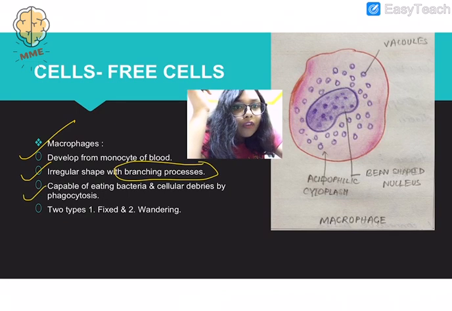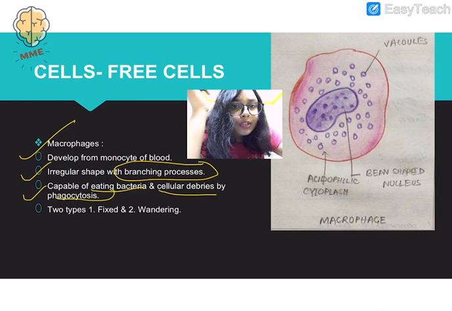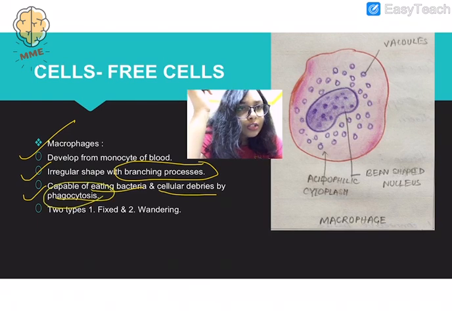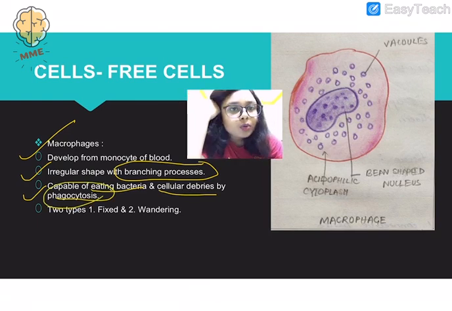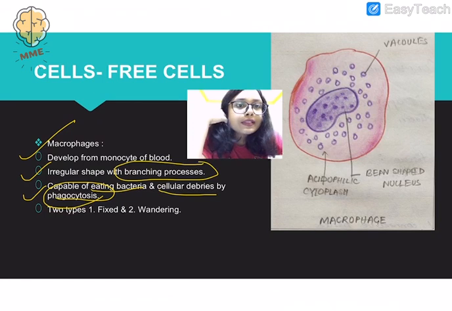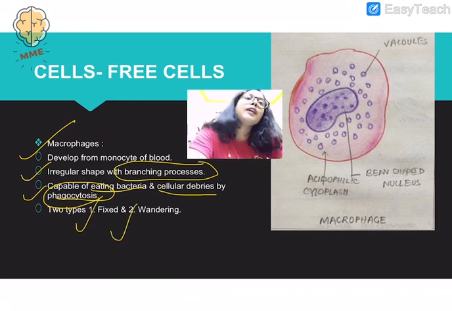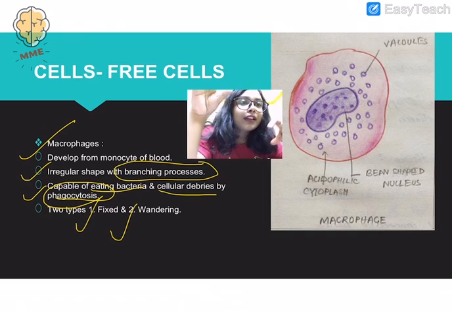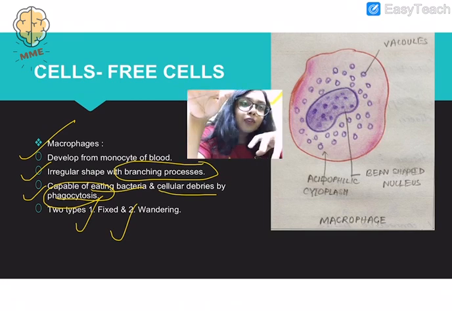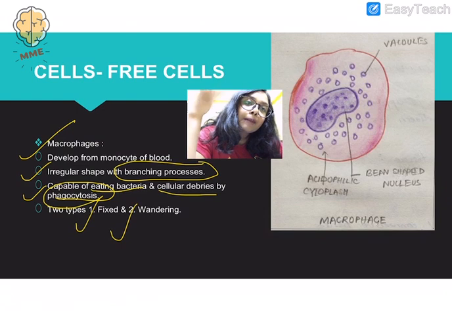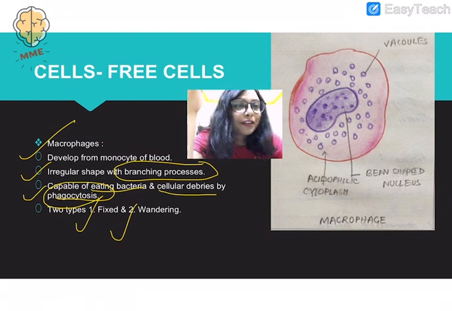They are capable of eating bacteria and cellular debris by the process of phagocytosis, and hence they are also known as phagocytes. They are of two types: fixed type and wandering type. Either they will not move from their place, or they will move abundantly and never come back. So they are like wanderers.